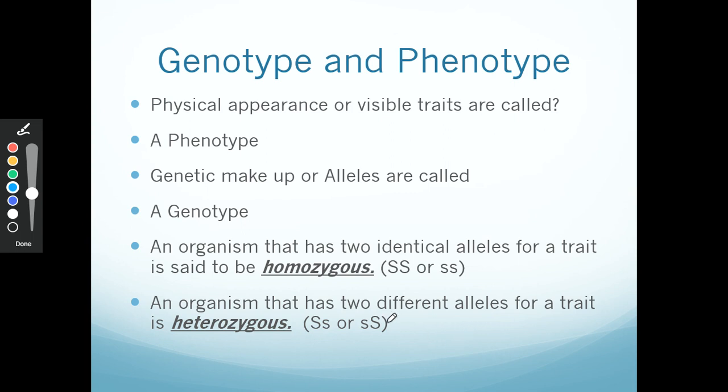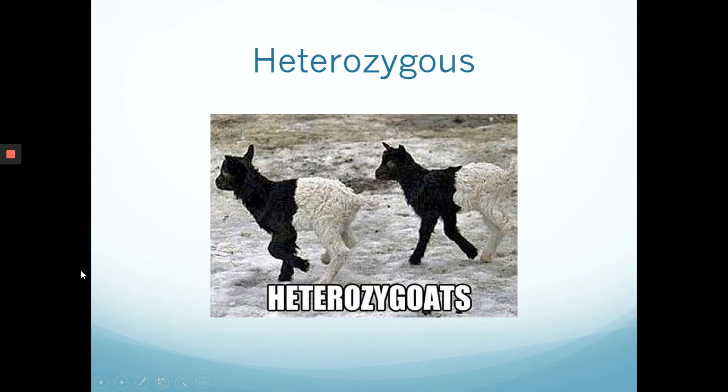Because the dominant is going to overpower or cover up the recessive, the dominant trait is going to show up in the phenotype. Very important terms, and there's a look at our heterozygotes.